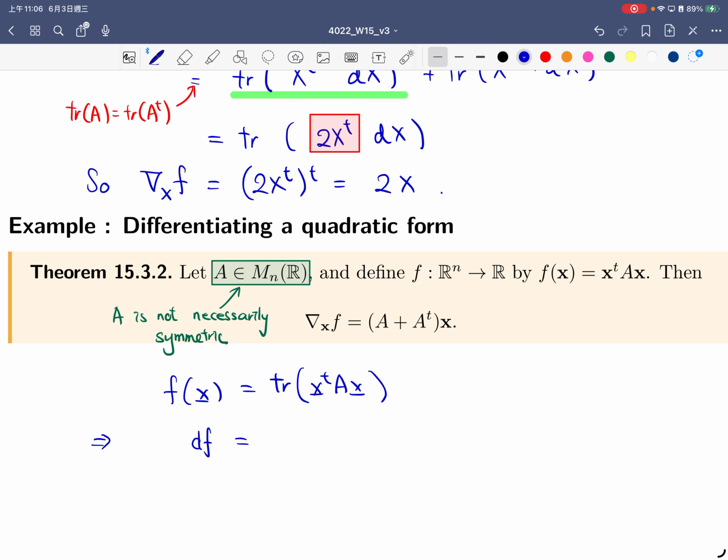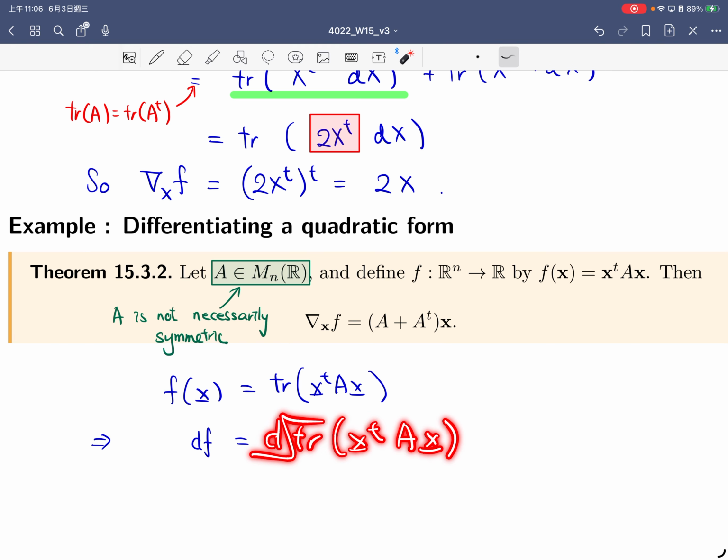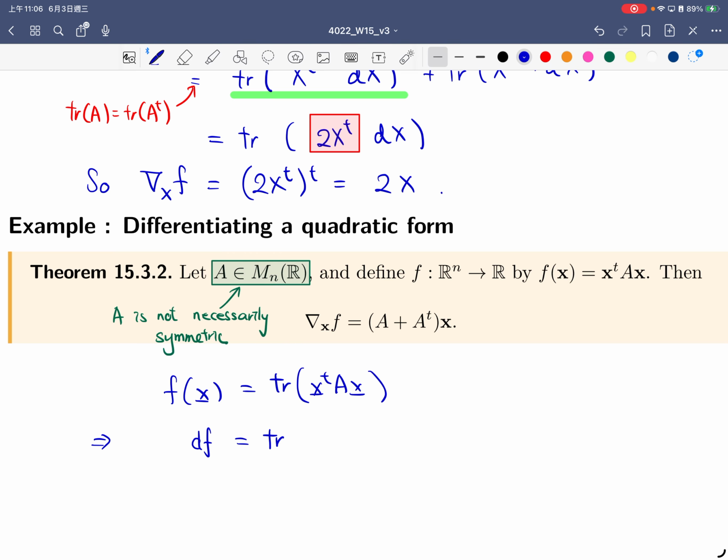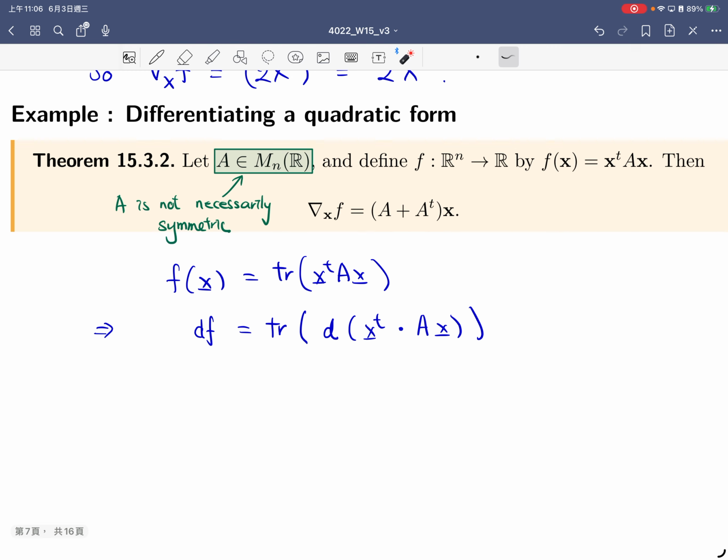I'm going to do it a little faster because the standard way is d trace of this. Then because these two commute, okay, then apply the product rule. So it means the trace of dx transpose times Ax. And then in particular, now I recognize the term in the middle as a product of two terms. So I start doing the product rule.